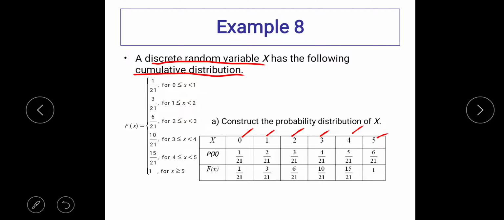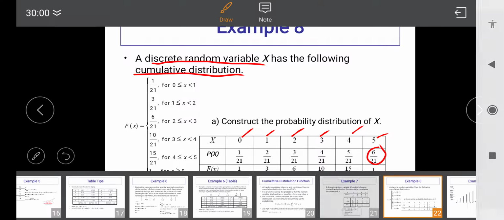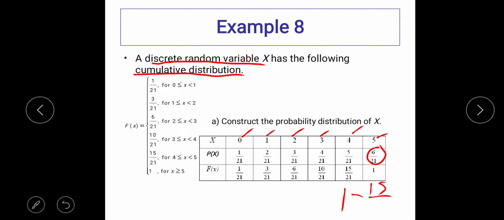Okay, so how you get this 6 over 21, 5 over 21 here is you need to subtract back. So if you have 1, and then you minus 15 over 21, you get 6 over 21.